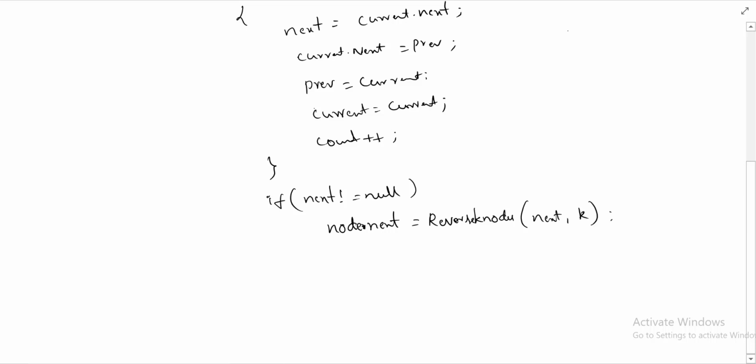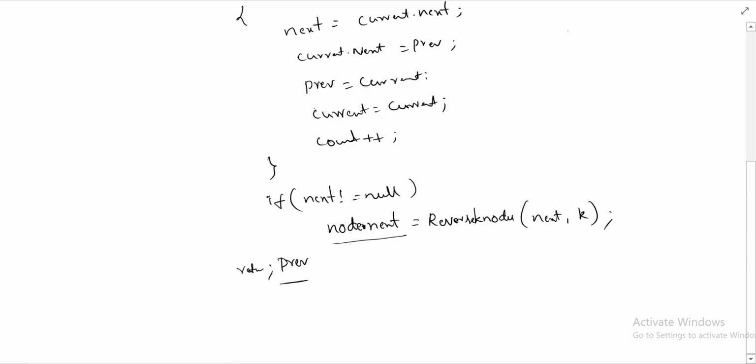Okay. Every time the previous will point to the third node. We need to return that. So return previous. So basically we are attaching this link here.